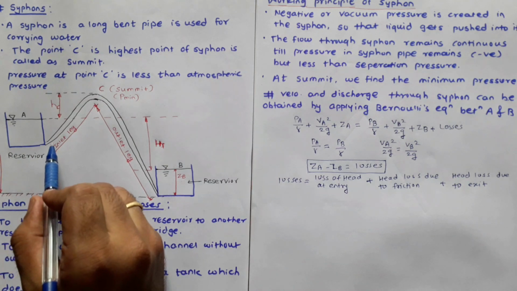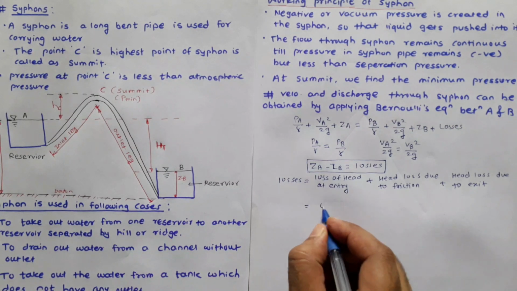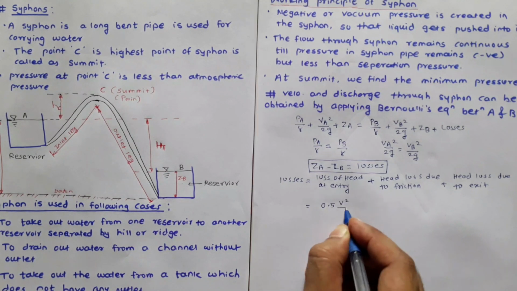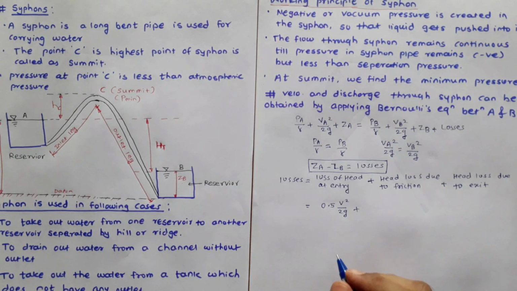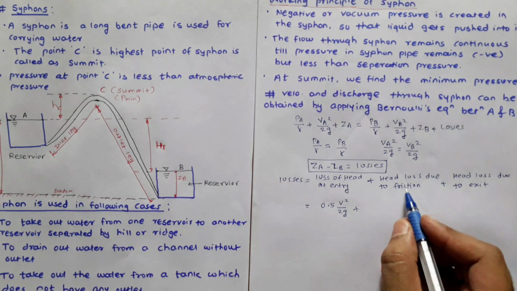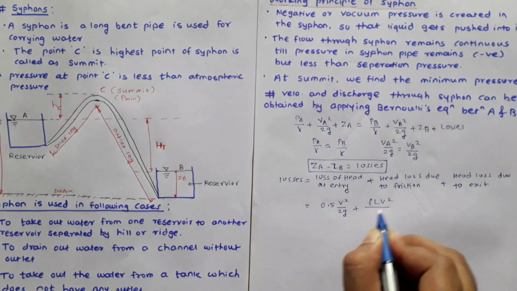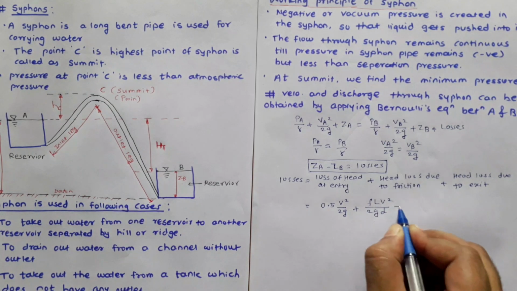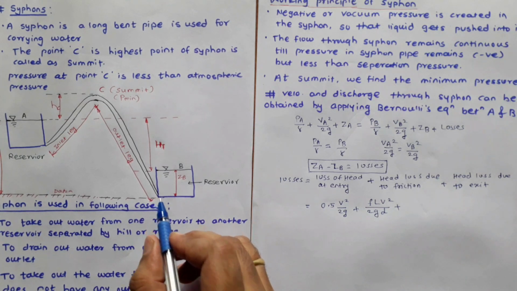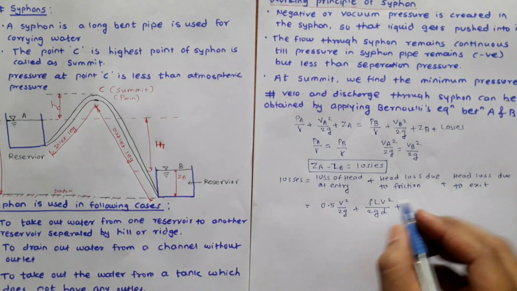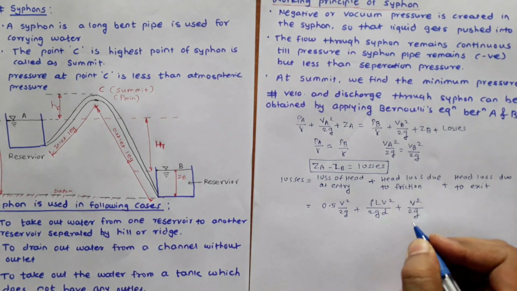The entry loss we can calculate by using 0.5 V square by 2g, plus the head loss in a pipe due to friction, which is Darcy's equation, f L V square by 2 g D, plus the head loss due to the exit. The head loss at the exit we can calculate by using the formula V square by 2g.